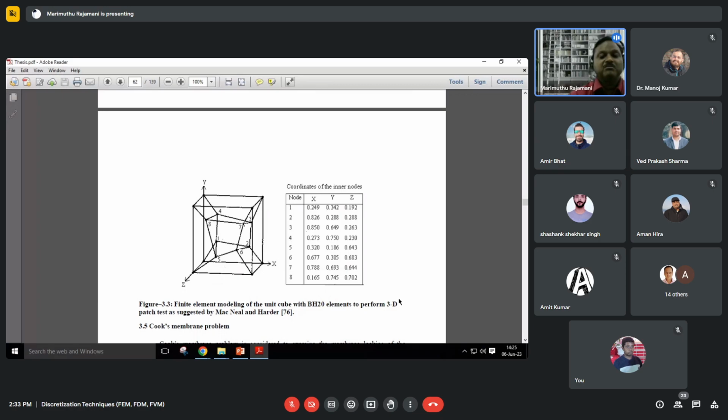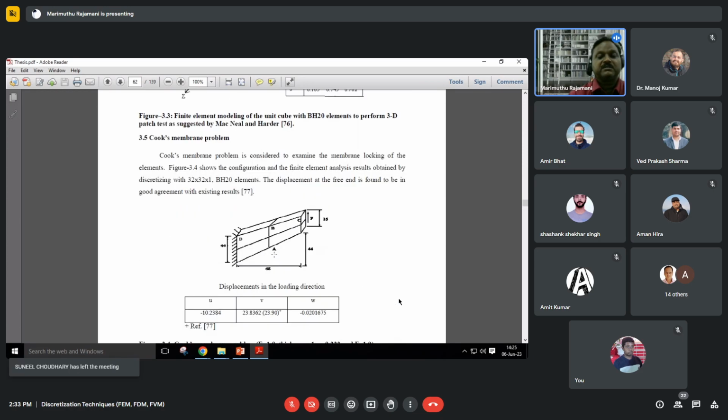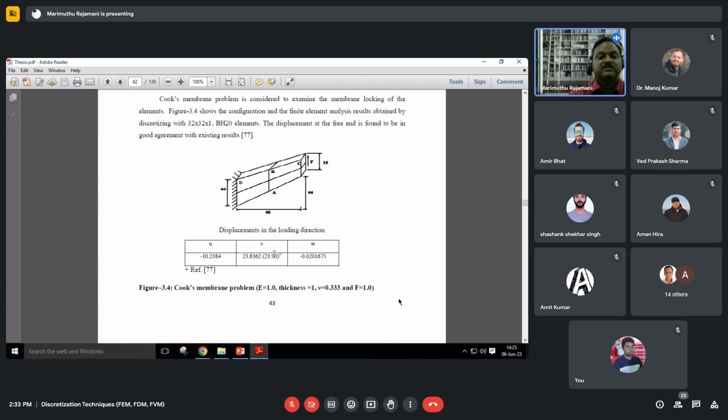So this is the patch of elements considered to perform the patch test, and uniform stress was applied on these two faces, and it has passed the patch test also. And Cook's membrane problem was solved, and these are the results. 23.90 is the result provided in literature, and we are able to get 23.8362 for the V displacement.